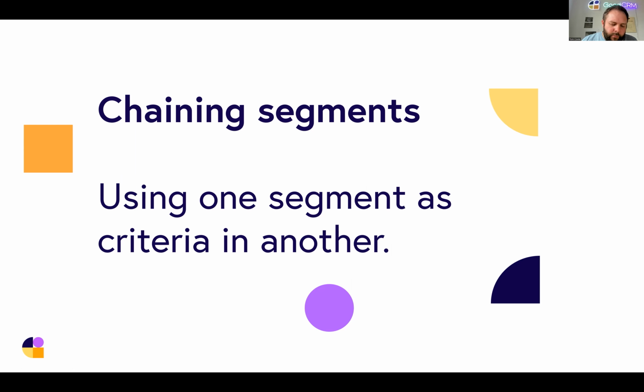And there's an important thing to point out here, because one of the things we've already learned is that we can only look at one type of data in any given segment. So we can only look at people in a segment, or we can look at events in a segment. But often we want to segment our data across different data types.